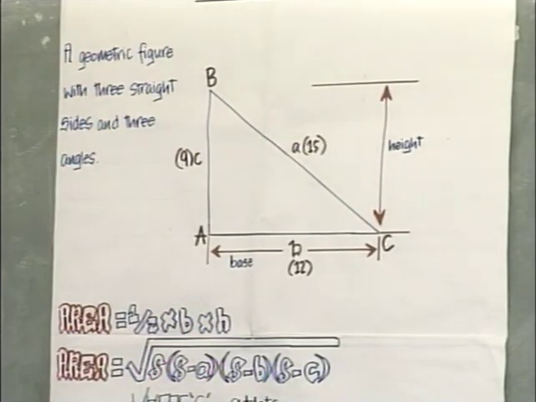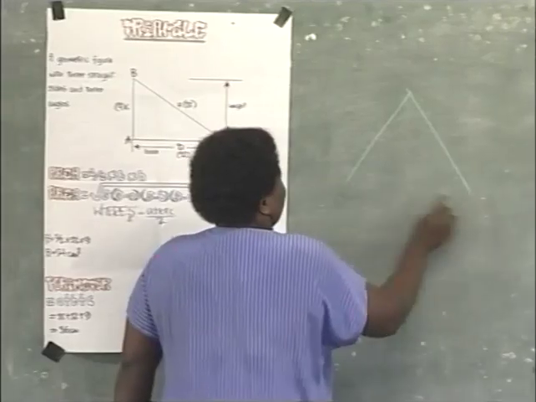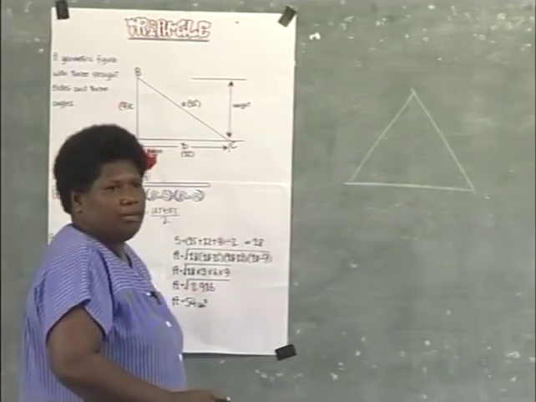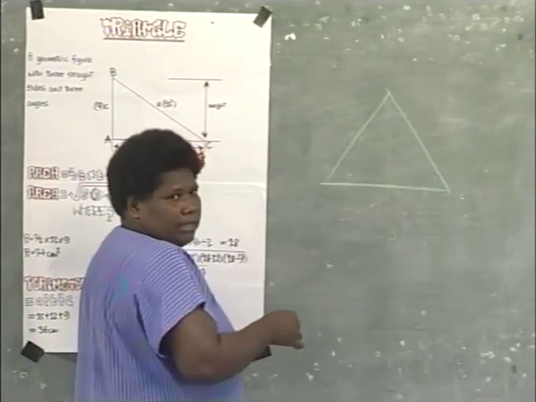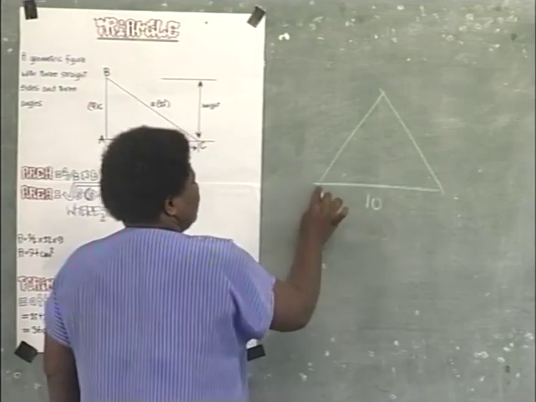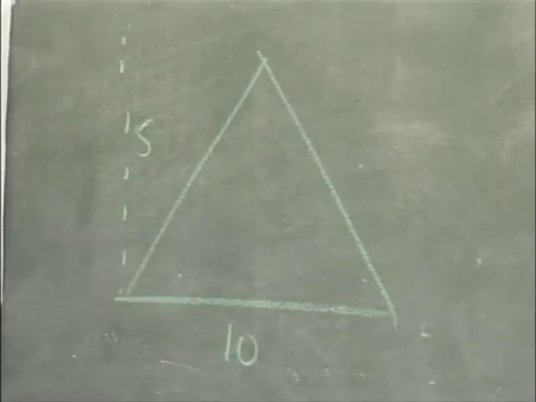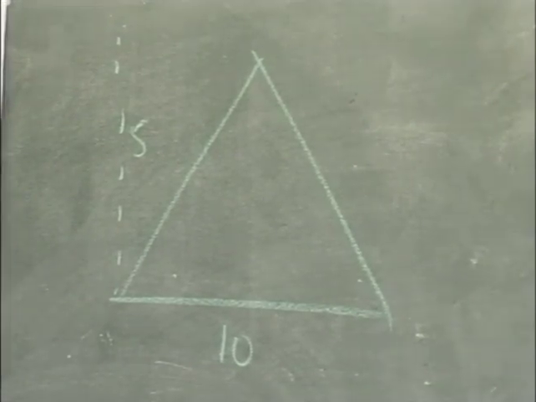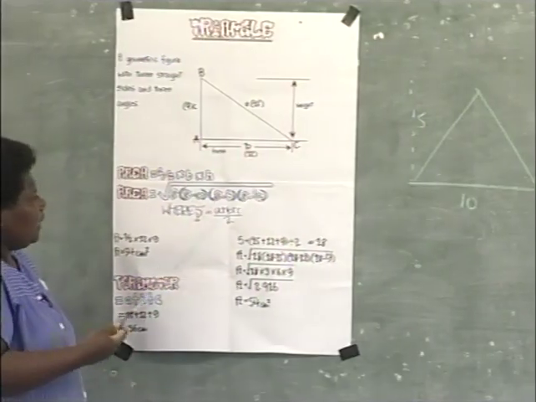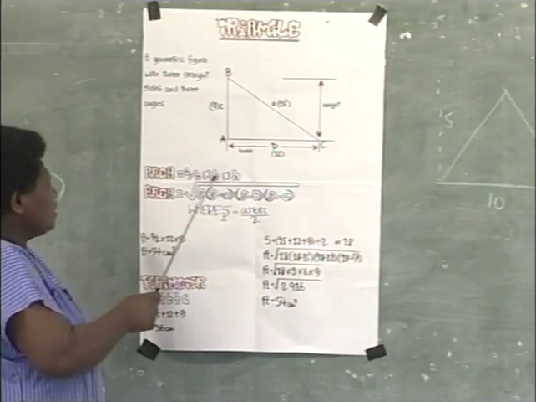For instance, if you were told to find the area of this triangle, which is not a right angle triangle, and the base is 10 and the perpendicular height is 5, you can still use half base times height. If the perpendicular height is not known, you cannot use half base times height.